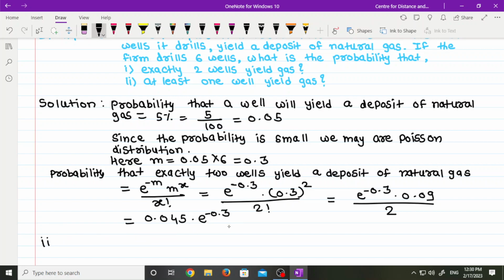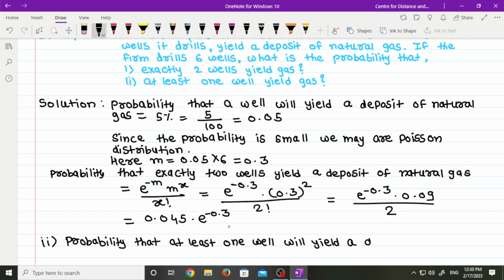Okay. Now, for the second part, at least one well yields gas. The probability that at least one well will yield a deposit of natural gas: here we have to find 1 minus p of 0, that is for x equal to 0.